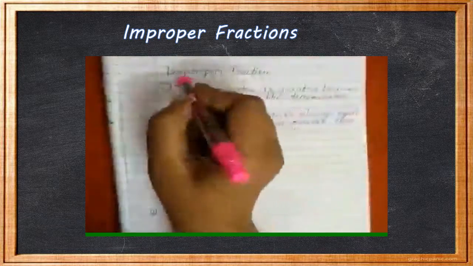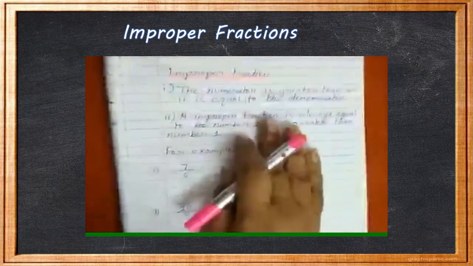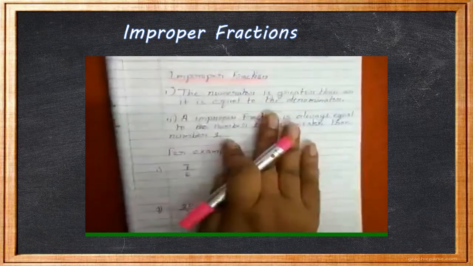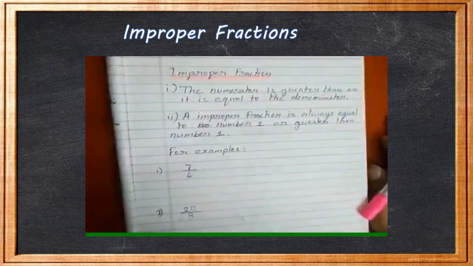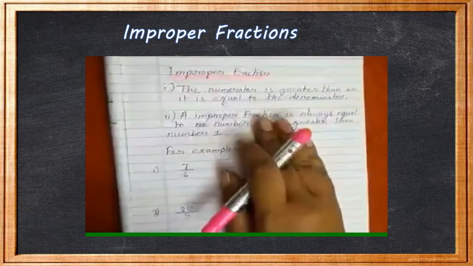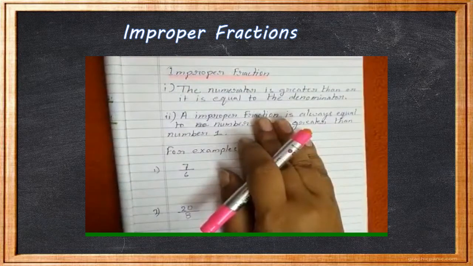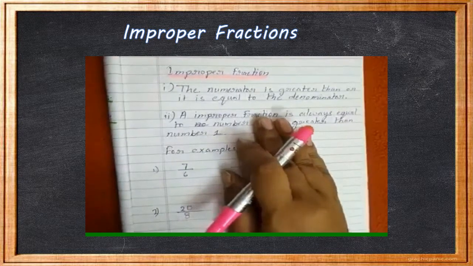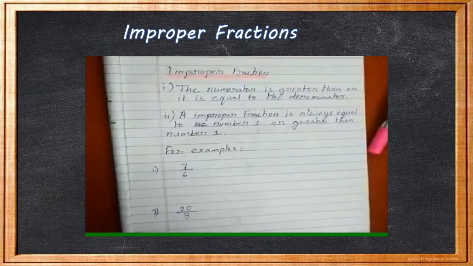Now children, let's see what an improper fraction is. Till now we have done proper fractions, where we have seen that the numerator is less than the denominator and proper fractions are always less than 1. This much we have done, children. Now see here.